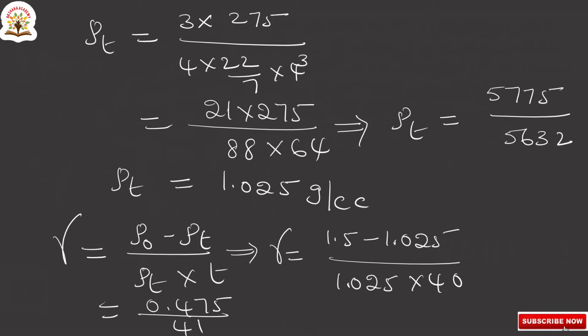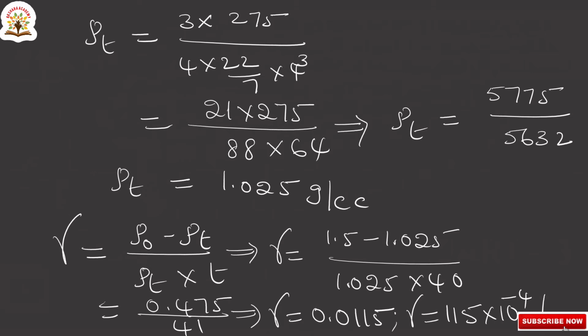So that implies gamma is equal to 0.0115. After division we can write it as gamma is equal to 115 into 10 to the power of minus 4 per degree centigrade. So this is the coefficient of cubical expansion, 115 into 10 to the power of minus 4 per degree centigrade.